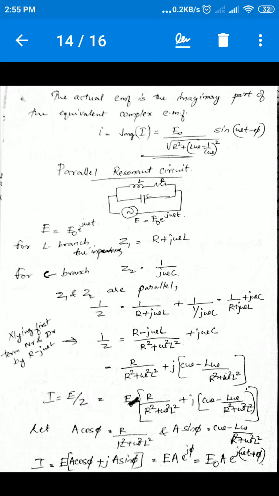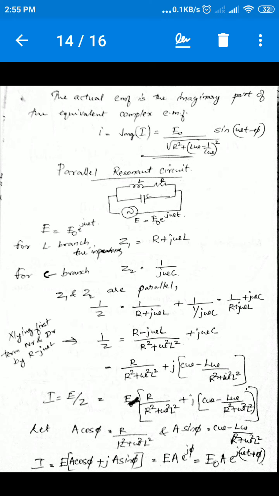So the actual current small i is the imaginary part of the complex current I, which is I0 sin omega t minus phi, where I0 is E0 by root of R square plus L omega minus 1 by C omega whole square.